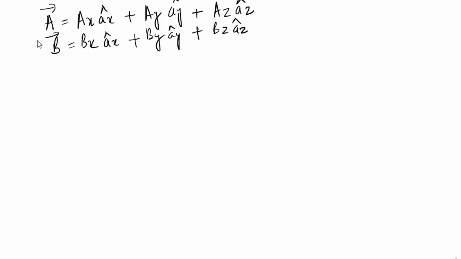So these are my two vectors. Now I am going to apply the cross product, A cross B.